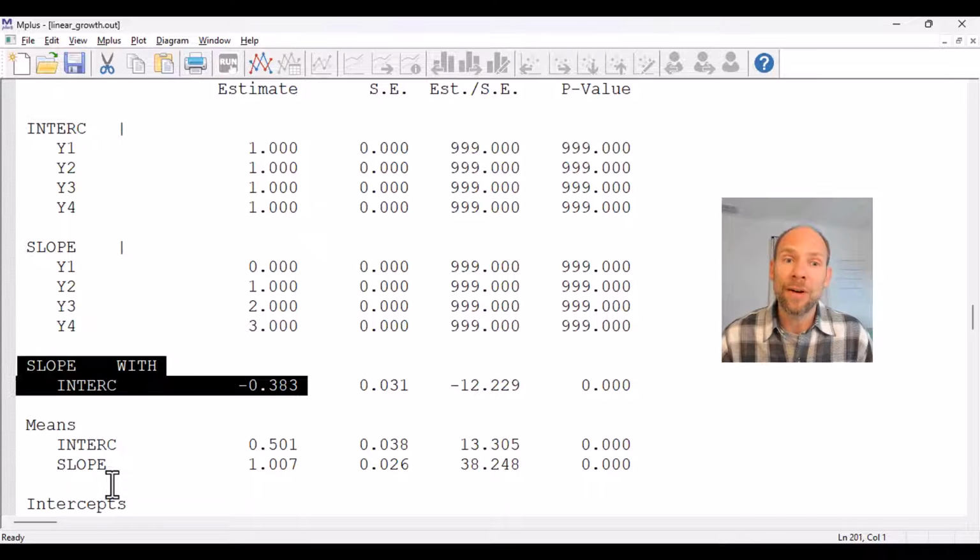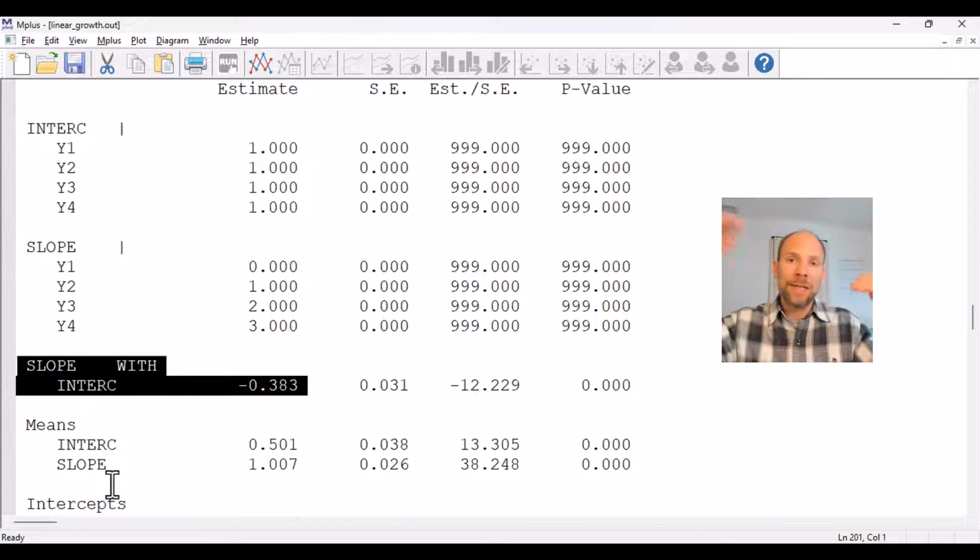Notice that the covariance here is estimated to be negative, which is often found for growth curve models because the intercept or initial status is often negatively correlated with change across time, meaning people who are high on something often change less.